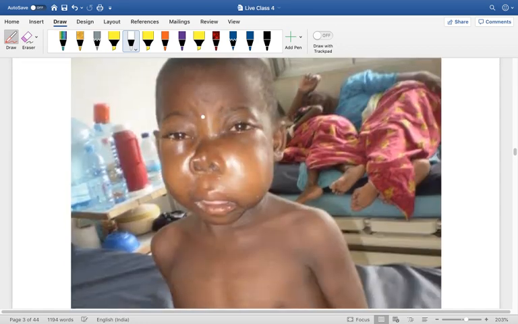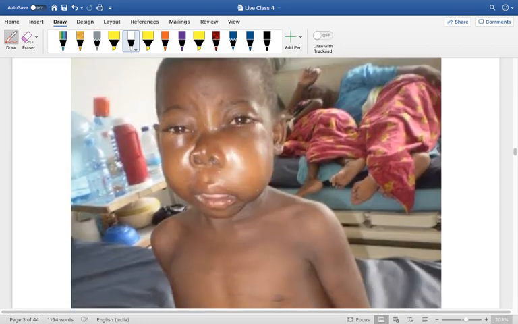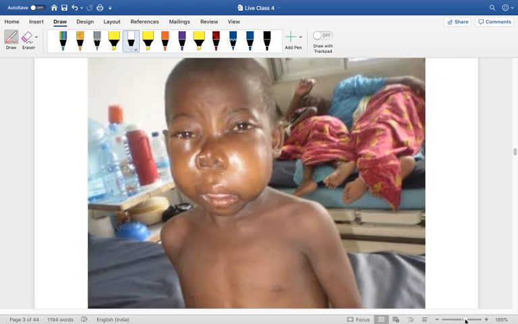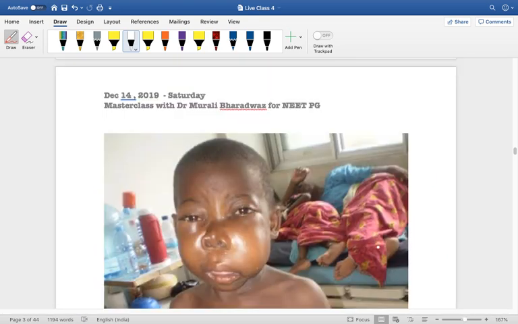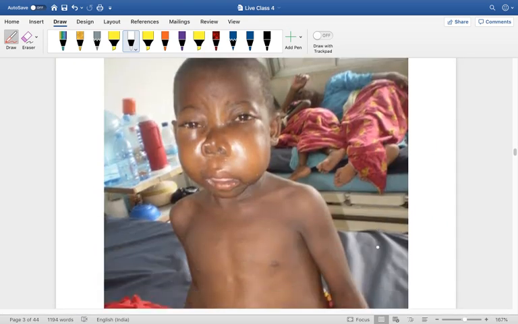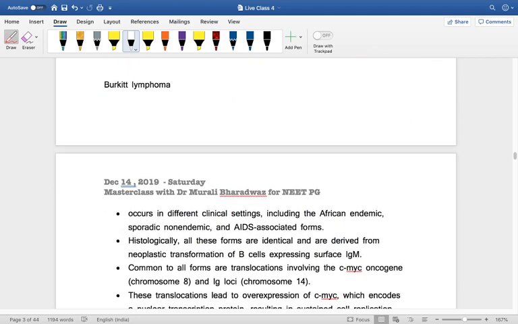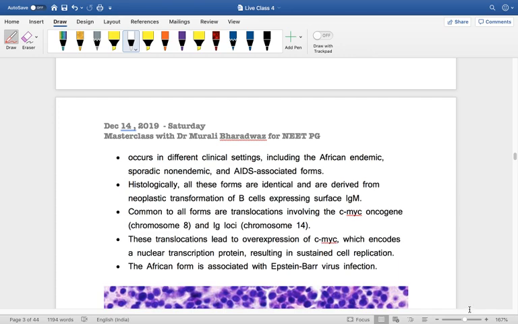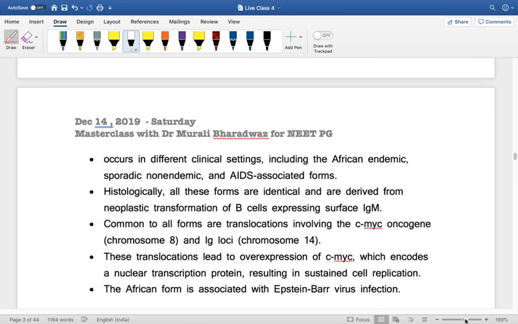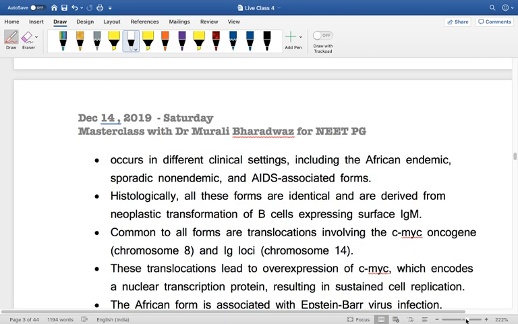Where do you get that, doctor? We get it in lymphoma, Burkitt lymphoma. Now tell 10 points quickly about Burkitt's lymphoma. It occurs as African endemic, sporadic non-endemic, and AIDS-associated forms.